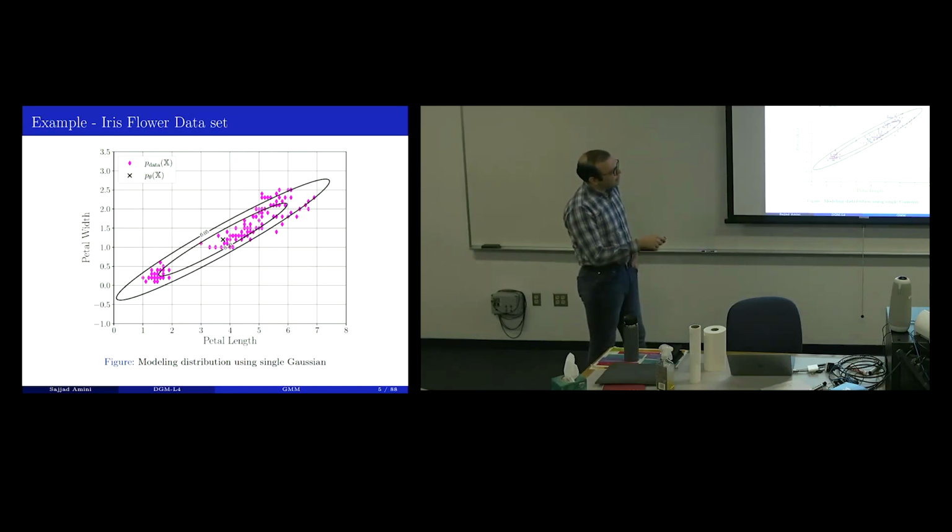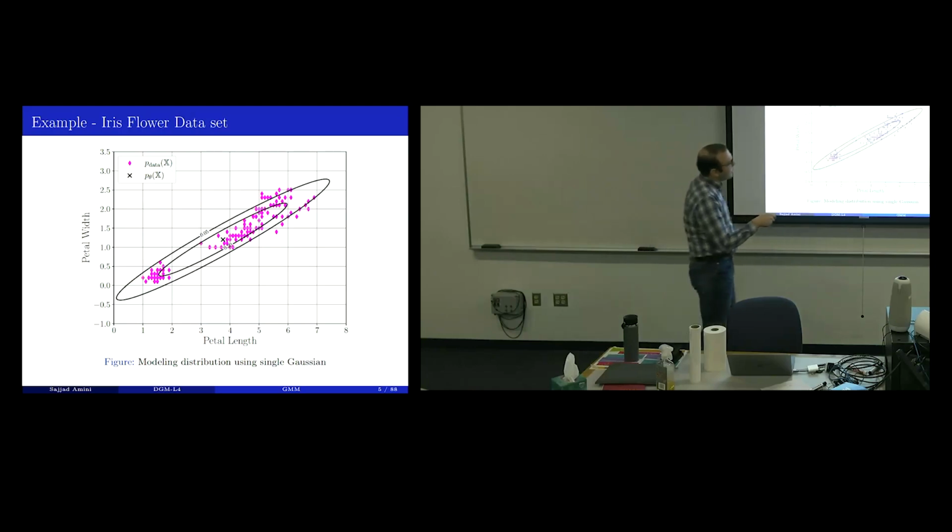It means that on this black curve, the value of the PDF is 0.2. Although at this point this is logical, because of the limitation of the model, it also gives high probability to these points. You see? And it is not desirable.